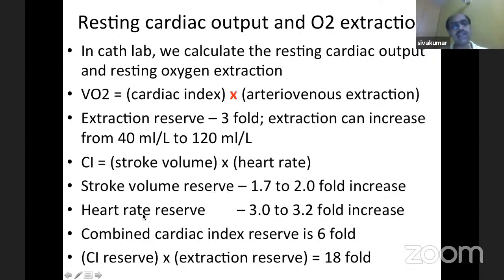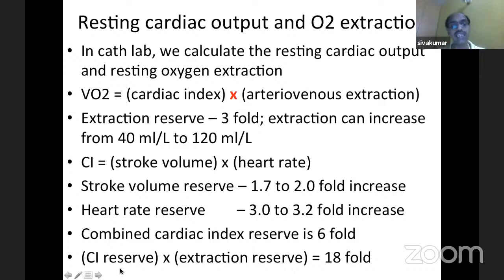Our normal heart rate is around 60 to 70 and it can go up 3 to 3.2 times, which means up to 200 to 210 maximum. So 3 to 3.2 is our heart rate reserve. Multiply stroke volume into heart rate, that is the cardiac index reserve, or cardiac reserve. Cardiac reserve is 6-fold. So now, cardiac index into arteriovenous oxygen extraction is VO2.